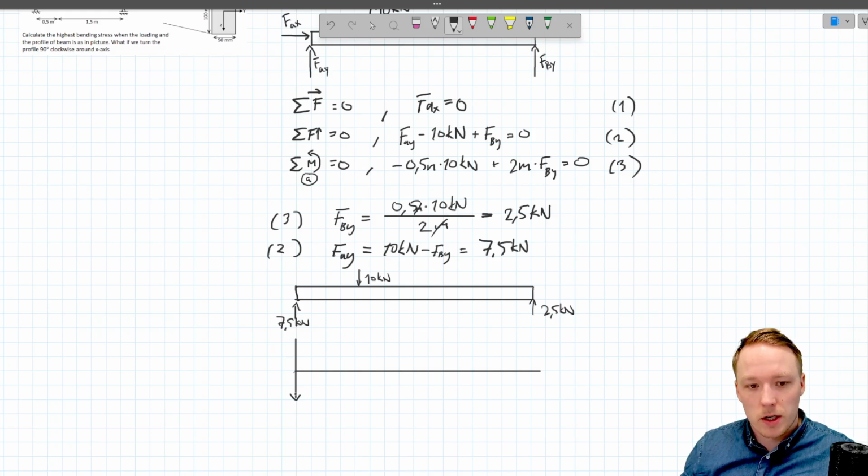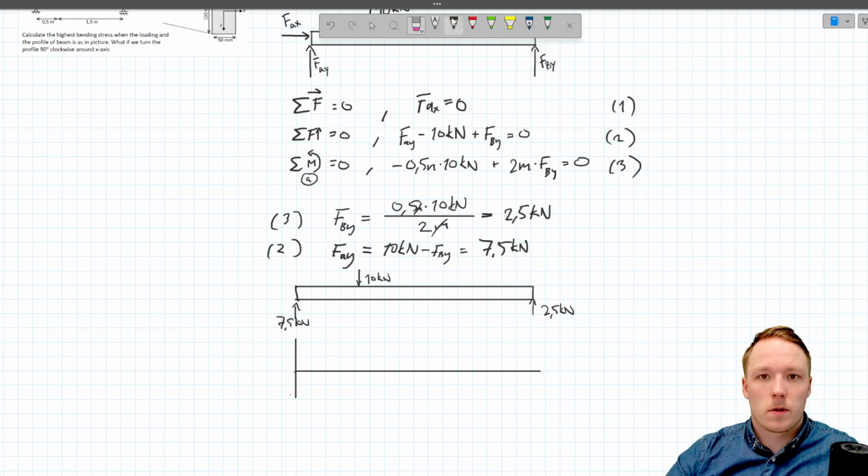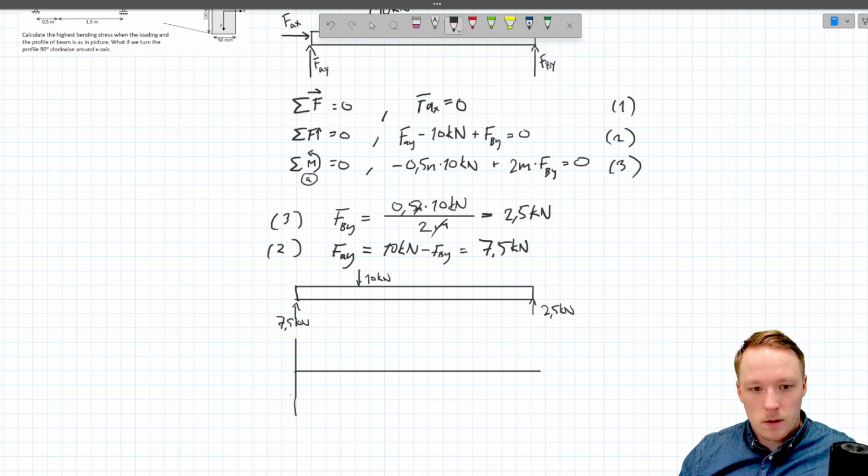So at the beginning, our internal shear force is going to be jumping to value of 7.5. It will remain on that level until we reach the next point. This is positive here. At the next point, we have 10 kilonewtons pointing downwards, which means that the internal shear force is going to be jumping to the other direction.